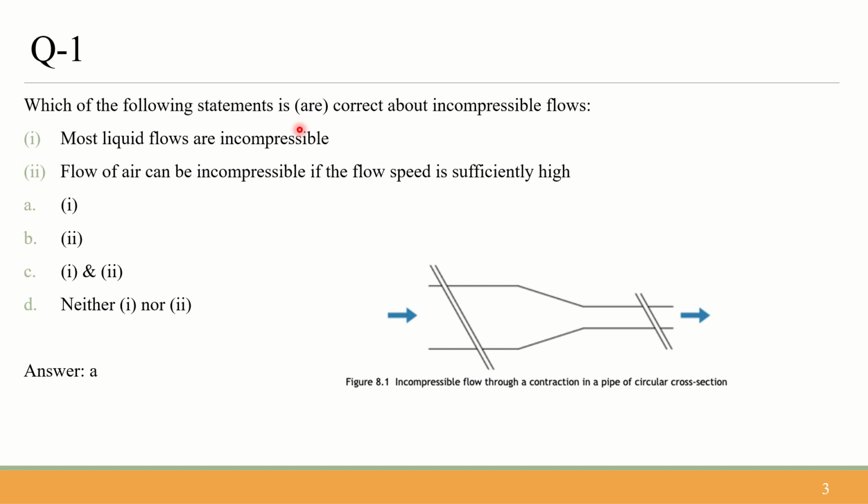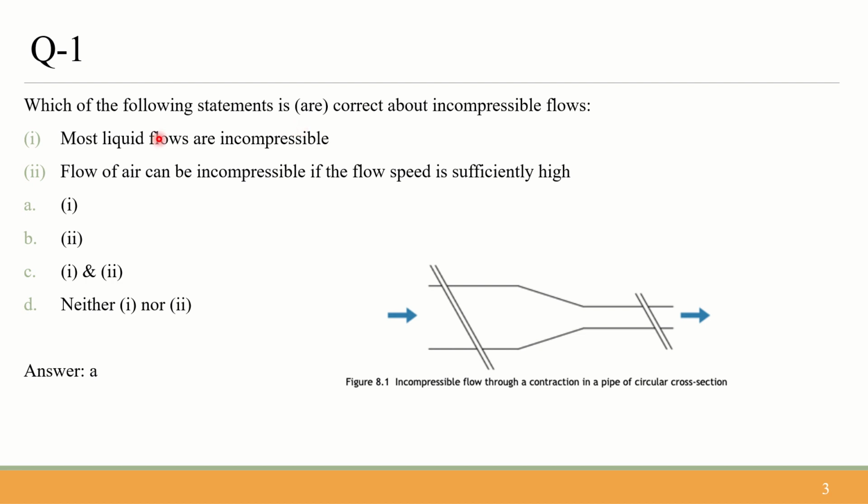The density variation would not be very high, even if the fluid flow velocity is very high, because the Mach number would be less than 0.3. So we call it incompressible fluid flow even when we are dealing with liquids.